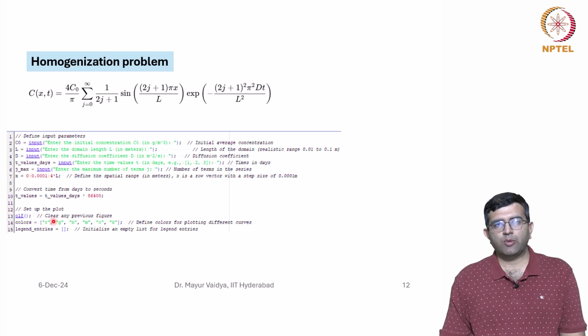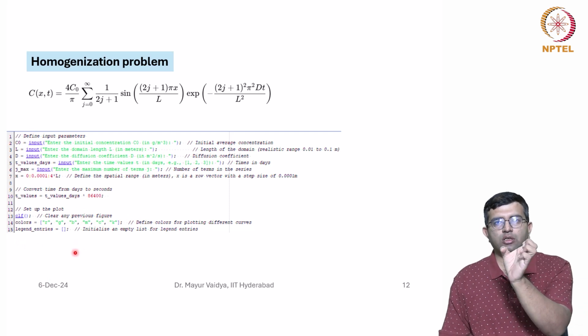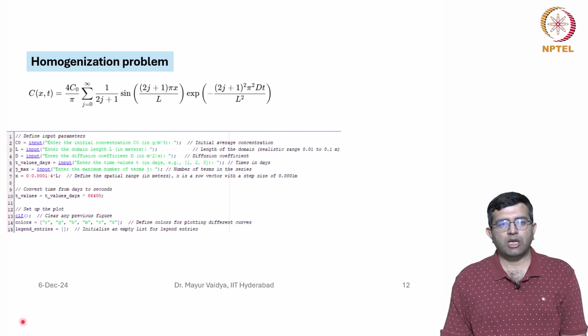Then setting up the plot, clear any functions, colors, legends. So, you see that these do not change significantly. The look does not change. You may change it for your problem that you are solving.